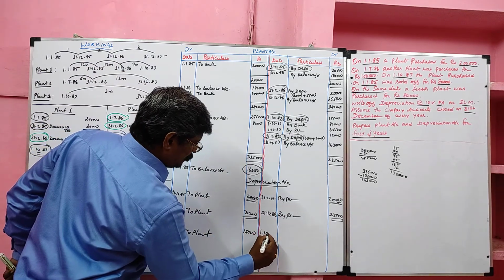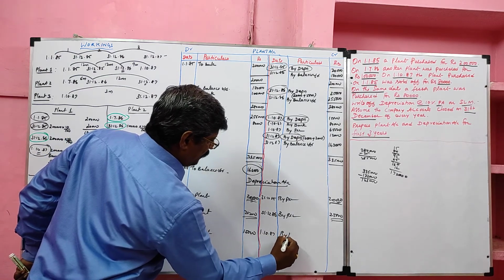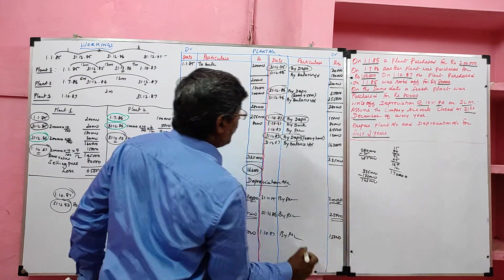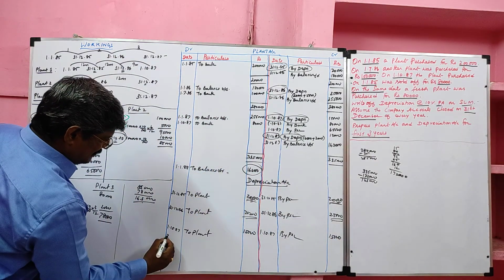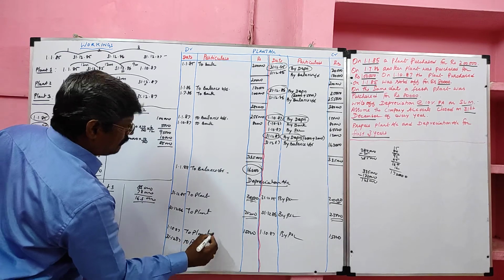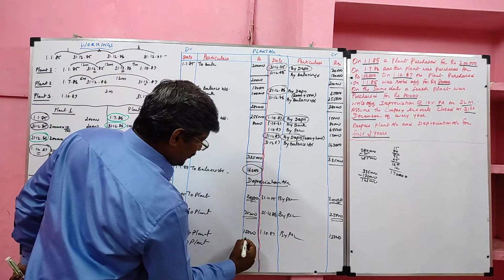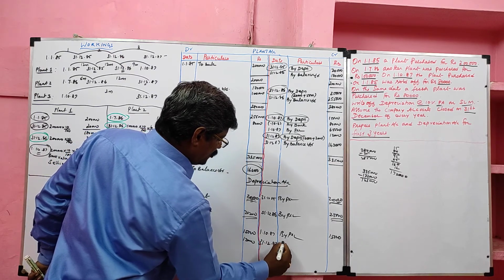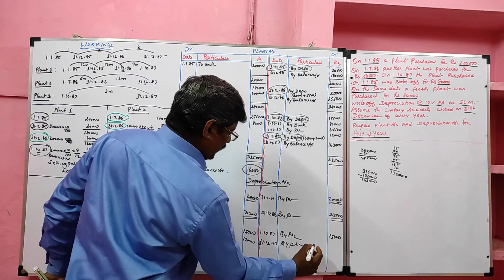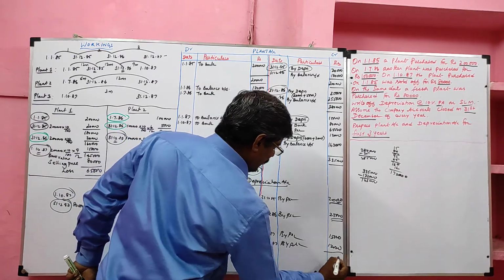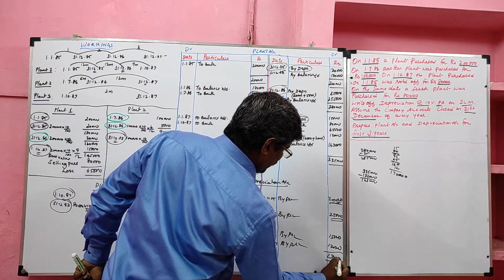On the same date it should be transferred to the profit and loss account, value 15,000. Then balance asset depreciation to plant is 12,000. On the same date, it should be transferred to the profit and loss account, 12,000. Here, the total depreciation for this year is 27,000.